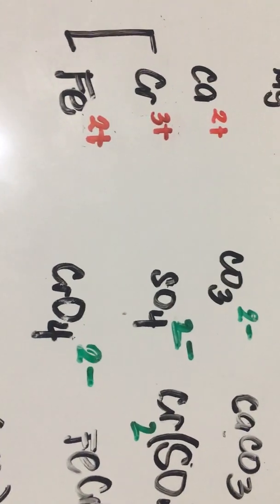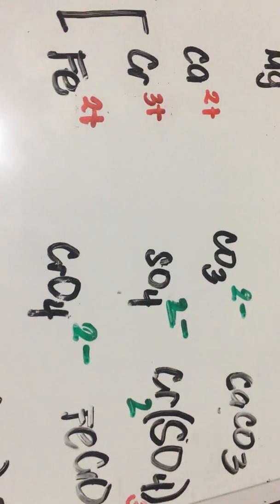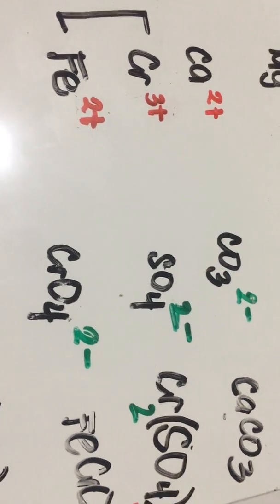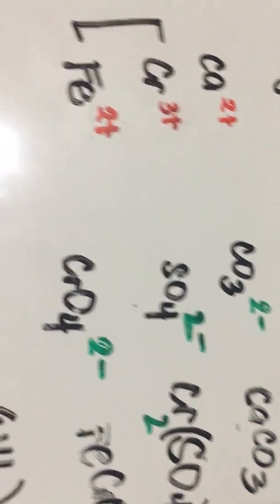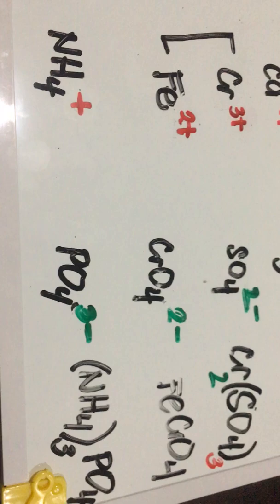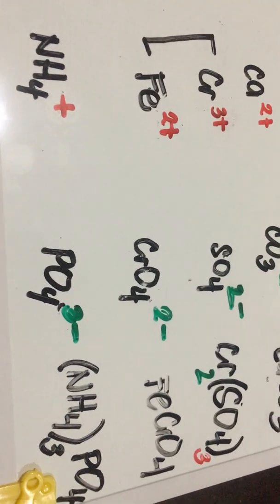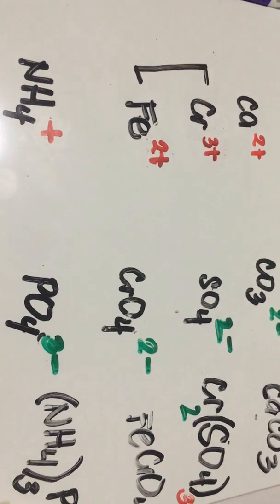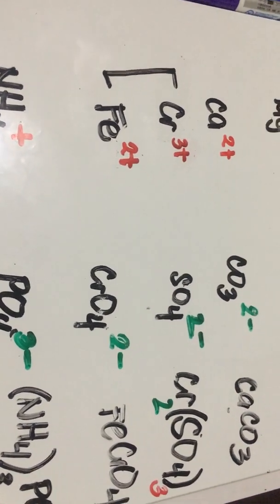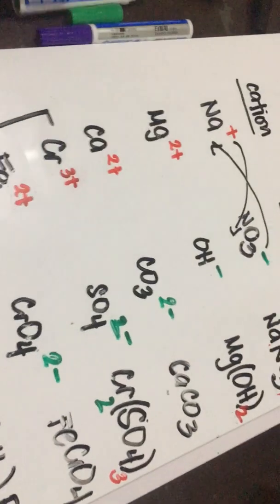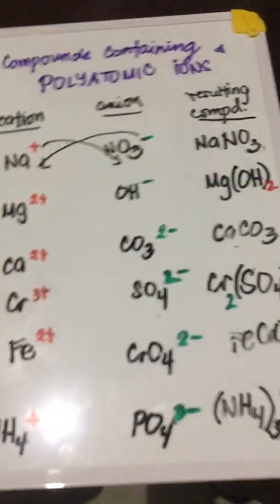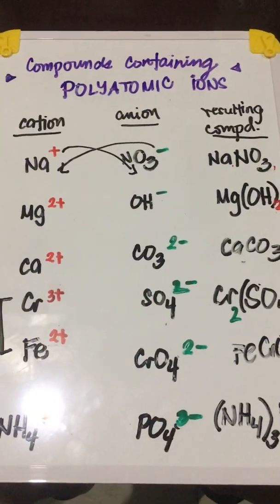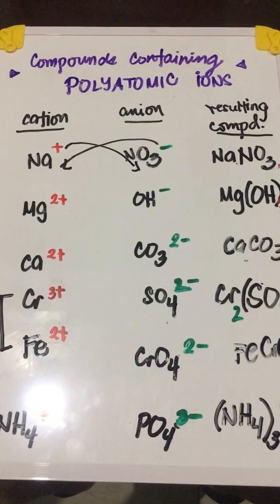So in here we have iron 2 chromate. And then in this example we have ammonium phosphate. All right, ammonium phosphate. So that's it. If you have any more questions, we can deal with more examples later on. Alright, so those are compounds containing polyatomic ions.